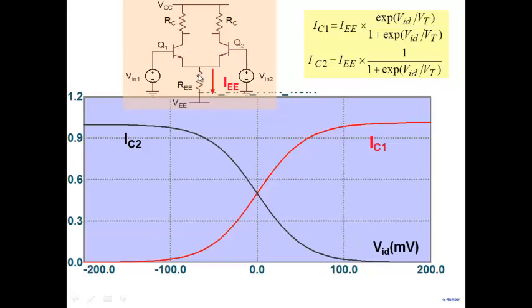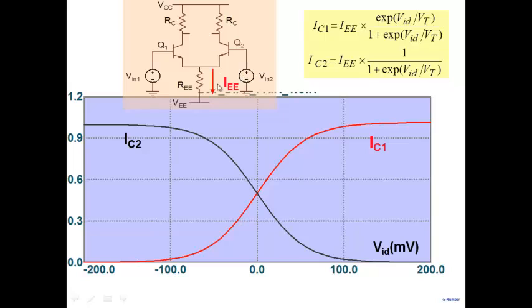So this differential pair has a very interesting property of current switching. This current is almost constant. You can make it flow equally between the two, or more through Q1 and less through Q2. In fact, you can make IE flow entirely through Q1, or entirely through Q2, depending on how you apply these two voltages.